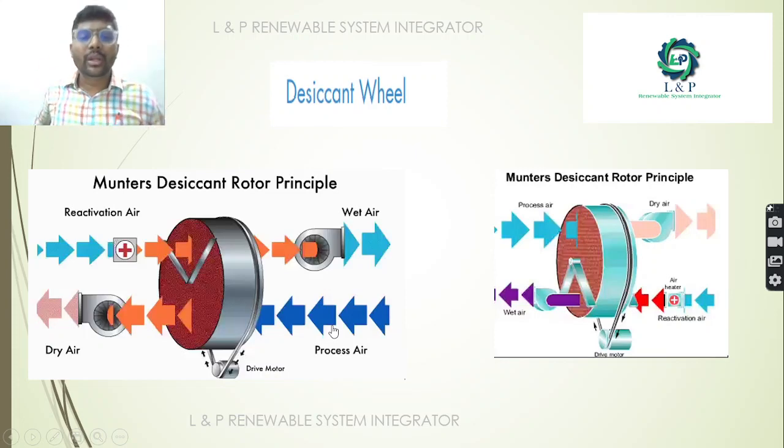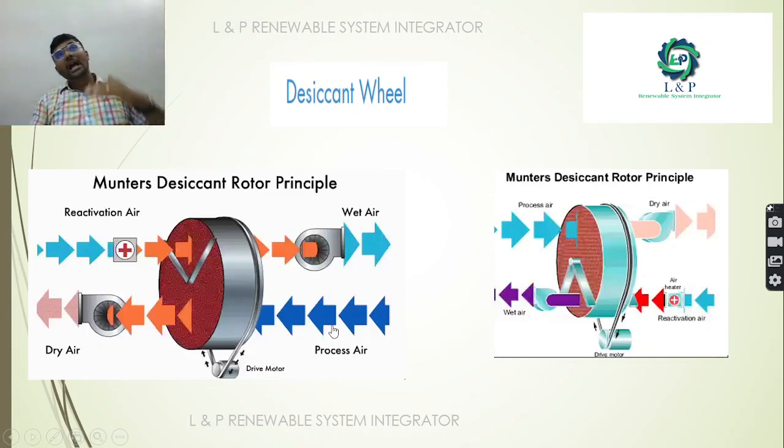It will not run at a fast rate, it will run very slowly, so that whenever the chill returning air touches this desiccant rotor, it transfers its chillness to the rotor, and the rest goes outside.